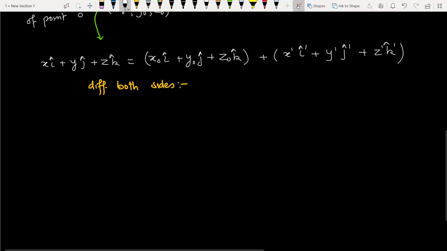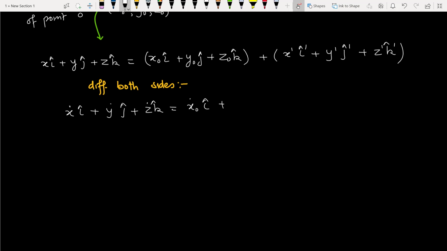So after differentiation we will get x dash I cap, x dot I cap, y dot j cap, z dot k cap. It is x naught dot I cap, y naught dot j cap, z naught dot k cap plus, here both are variables, this and this both are variables.